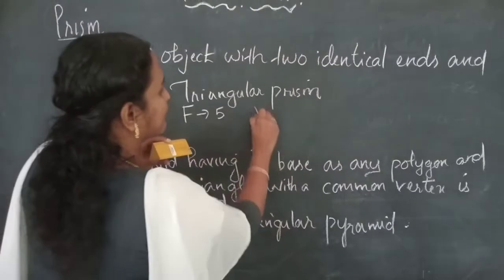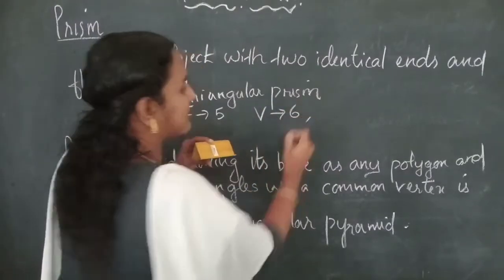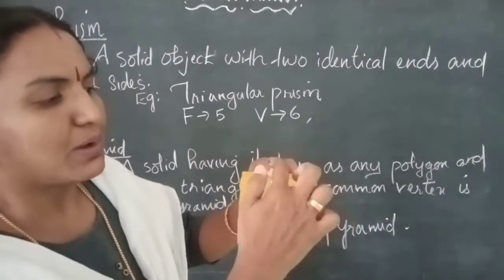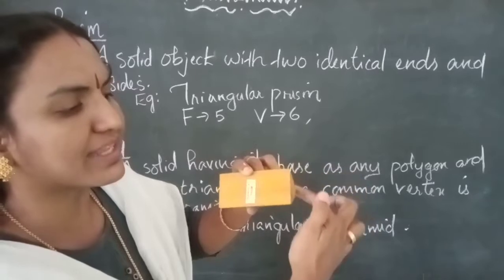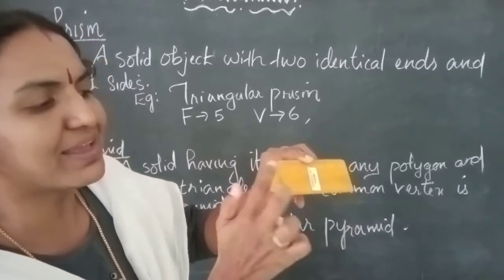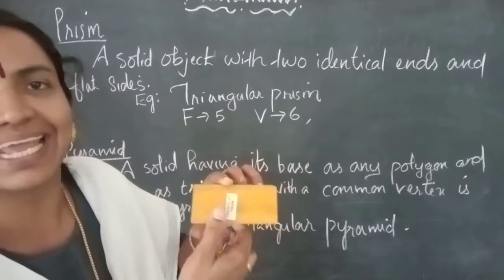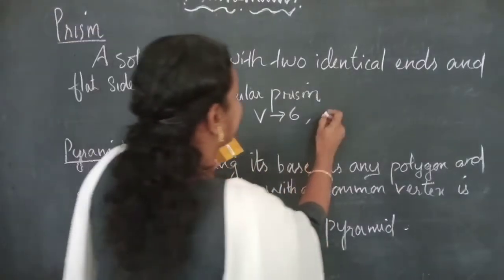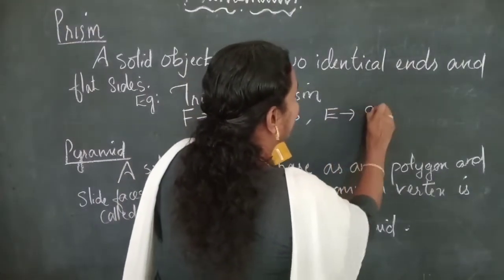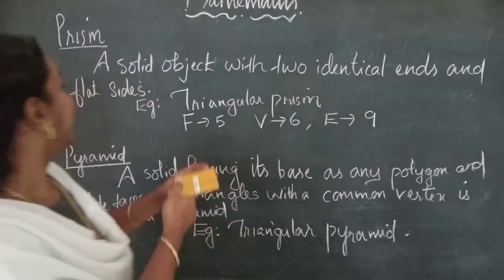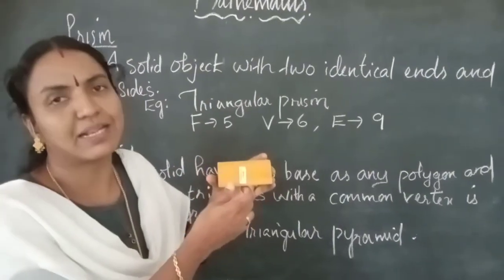So 6 vertices, and edges: 1, 2, 3, 4, 5, 6, 7, 8, 9. So 9 edges. This is an example of triangular prism.